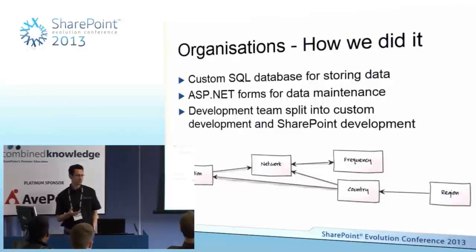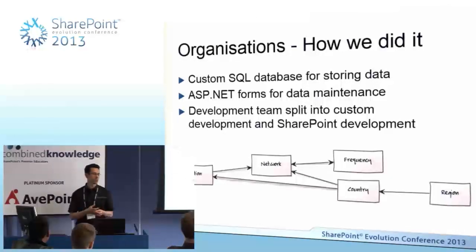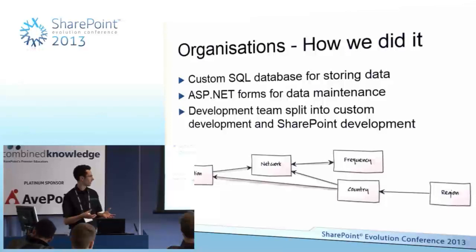Now, all this information could have been stored in SharePoint lists, but the nature of the information is highly relational, and storing it in a SharePoint list would mean it's very hard to query in terms of the advanced search, where you can select a region and find all the operators that have presence in countries within that region.